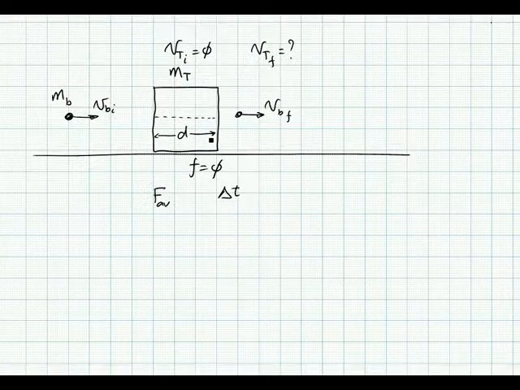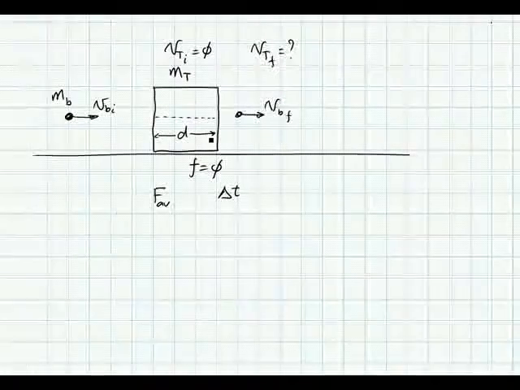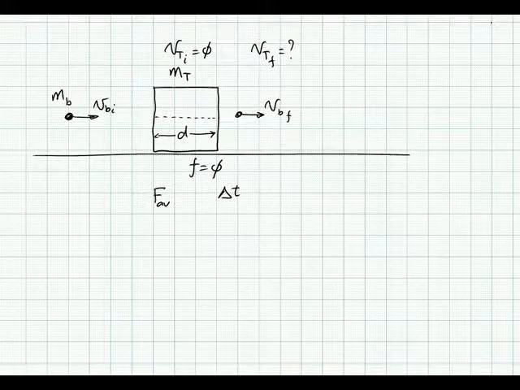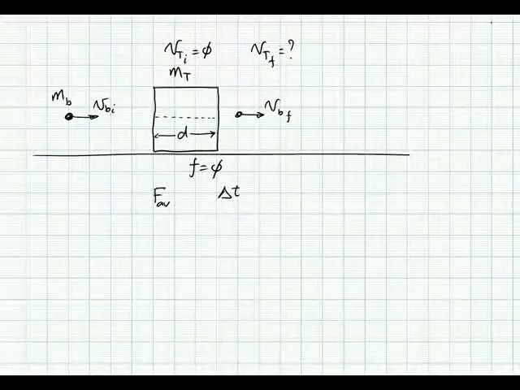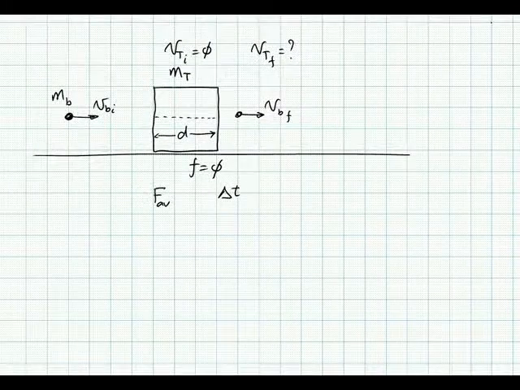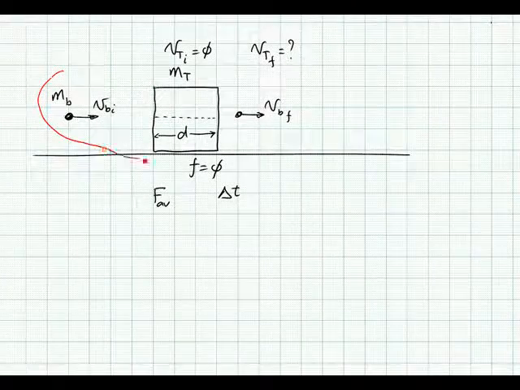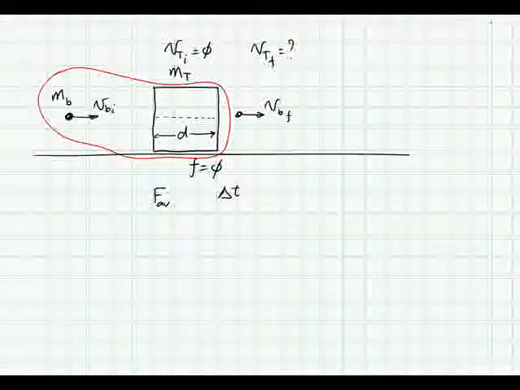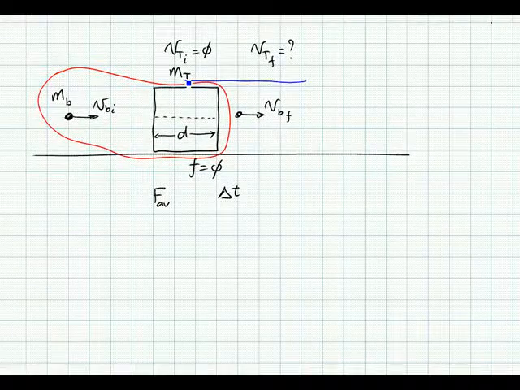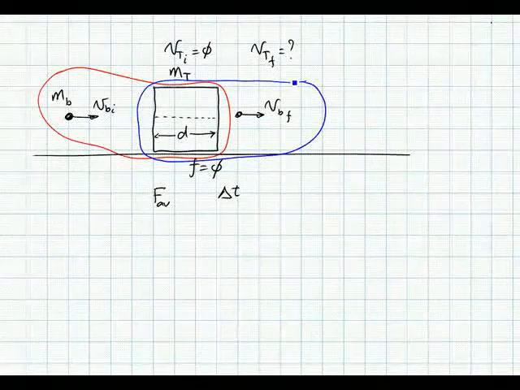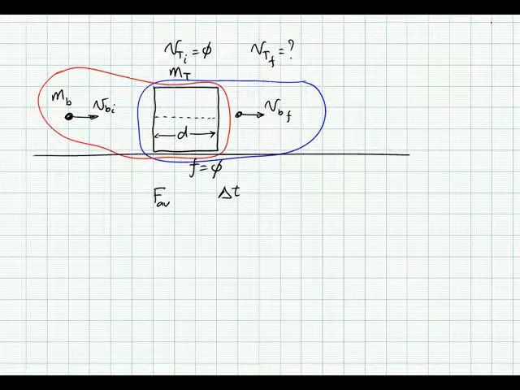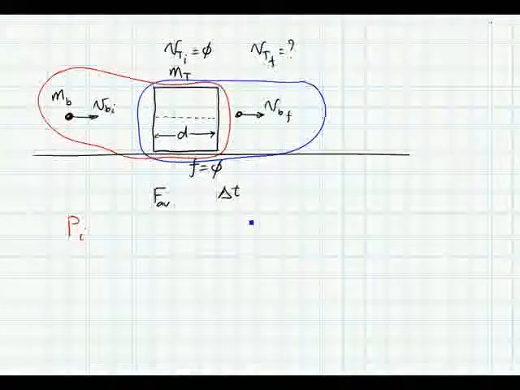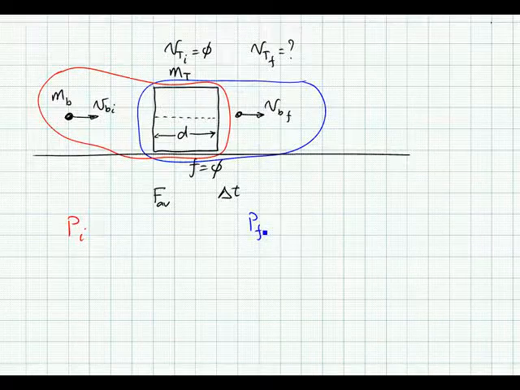Now, first of all, what I'm going to do is define my system, my isolated system, to include the bullet and the target. The red is my before scenario and blue is my after scenario. So I have momentum initial and momentum final.